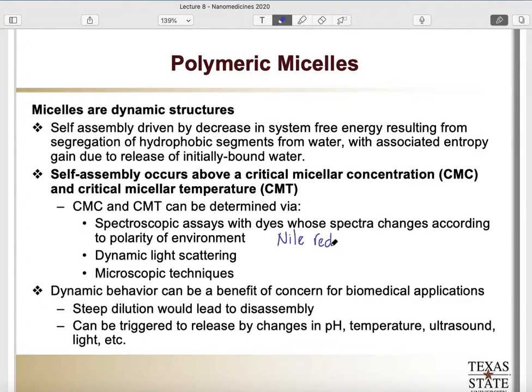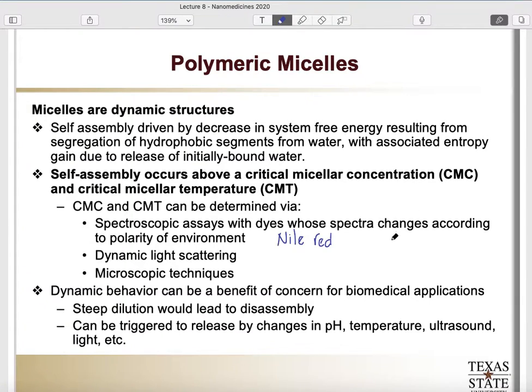We allow the micelles to form, and because Nile red is hydrophobic, it would want to load in the core of the micelles. It would preferentially go to that location. And so in that case, we would see fluorescence. But then if we change the concentration or change the temperature to go below the CMT or below the CMC, we can then see that the fluorescence from Nile red would be gone because the micelles would have been disrupted, and now the Nile red is going to find itself in a hydrophilic environment where it is not fluorescent.